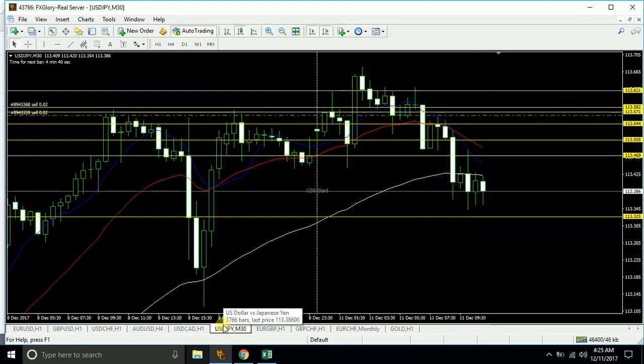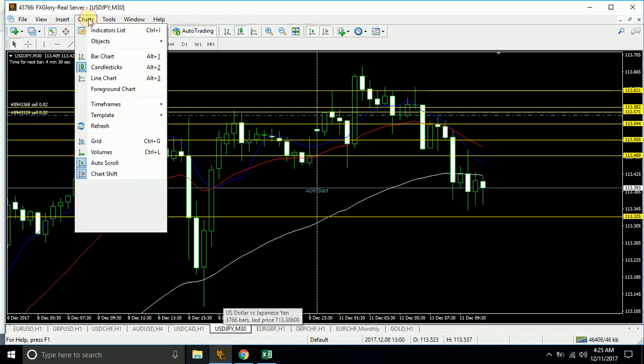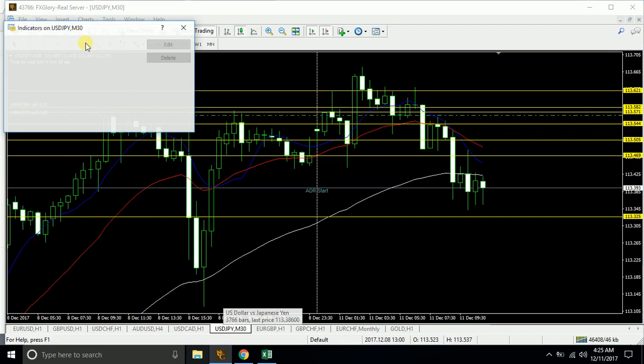And here's the USD JPY. Let's go ahead and run through this.